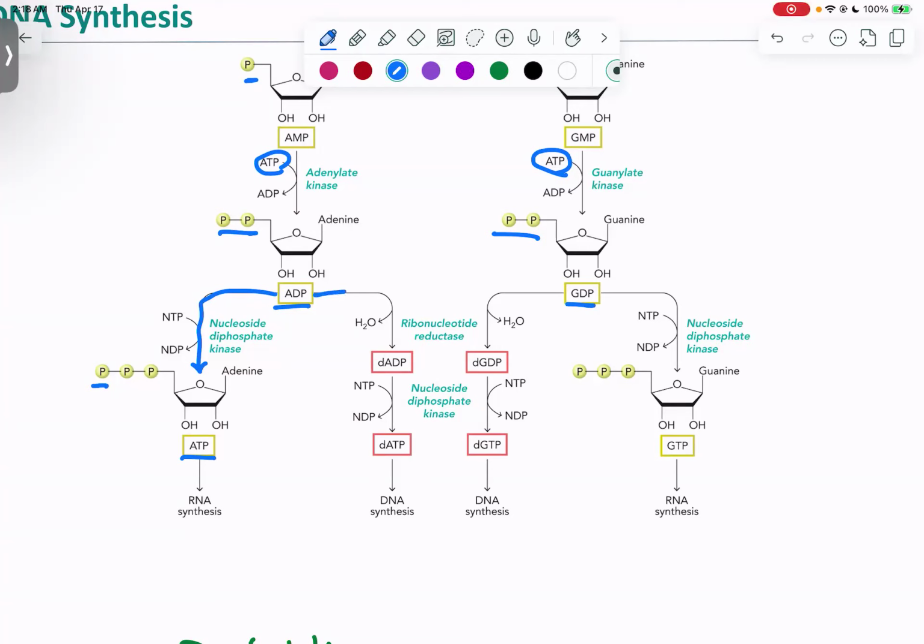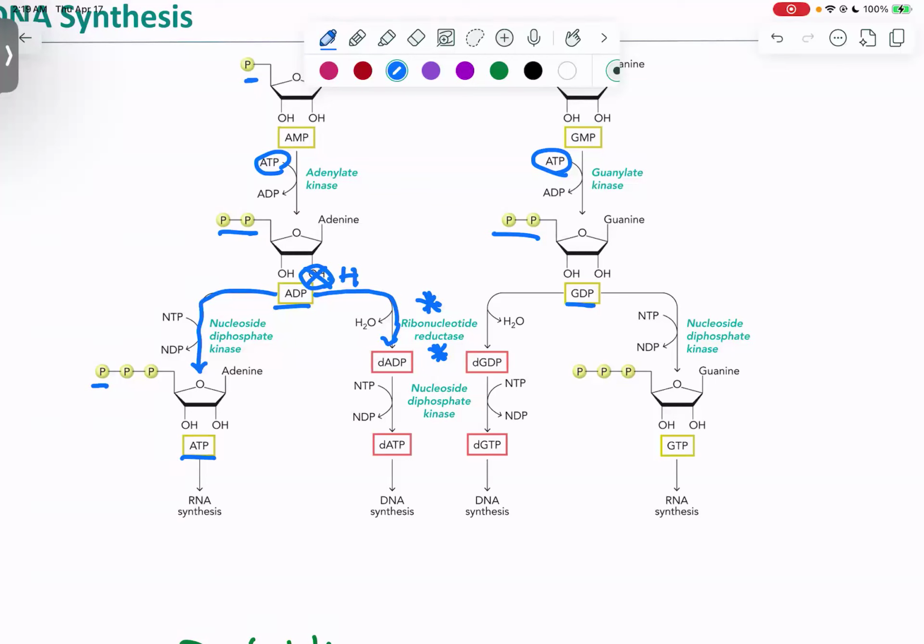On the other hand, maybe I need some DNA. So I go through this reaction. Now, this is an extremely important reaction. I'm going to talk about it again shortly. This reaction converts ADP to deoxy-ADP, where we remove the hydroxyl and replace it with a hydrogen, through ribonucleotide reductase.